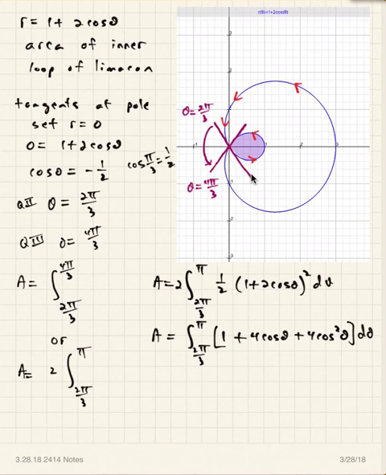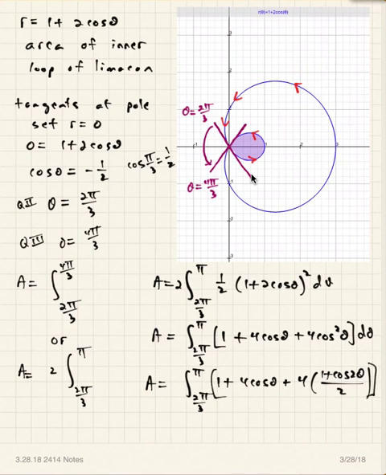d theta. And once again, you're going to use your trig identity here for the square of the cosines. This is 1 + 4 cos θ + 4 times (1 + cos 2θ)/2. And then this would be d theta. Kind of squeeze in the d theta there.